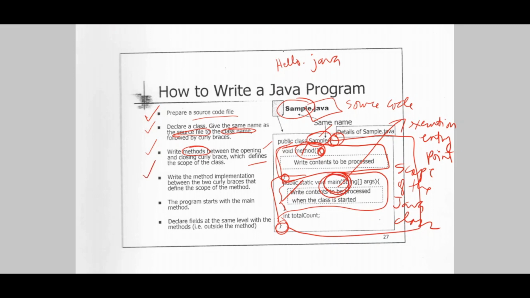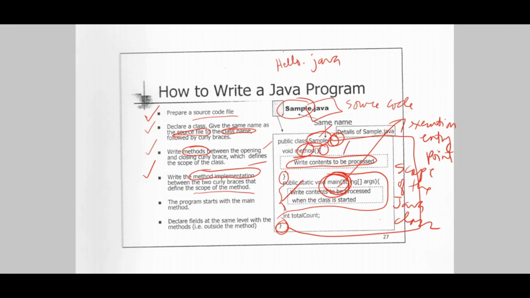The fourth step is to write the method implementation between the two curly braces that define the scope of the method. For example, the scope of this method is between this one and that. So you write in here the implementation of the method.